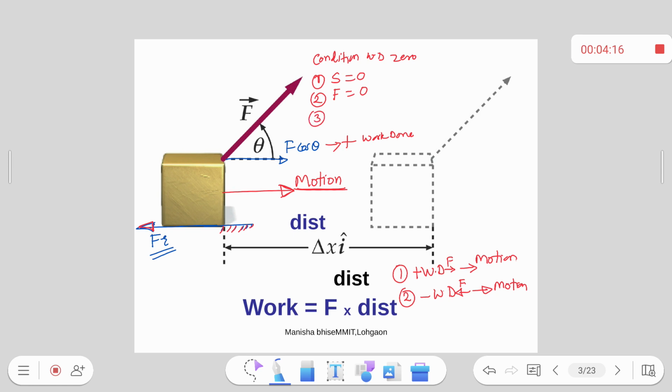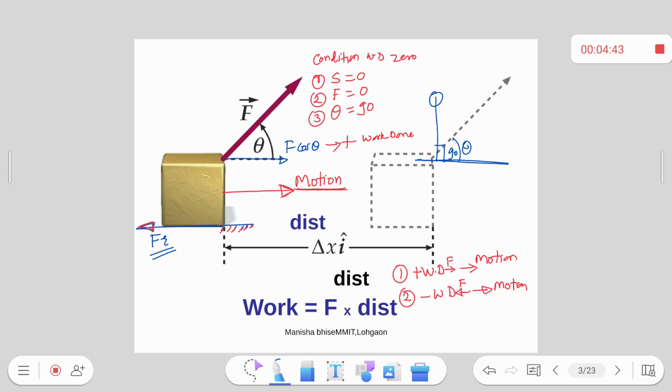And if theta is 90 degrees, then work done is zero. This is the surface, the horizontal plane, and if the force makes 90 degrees with the horizontal or the path of motion, then the work done by this force is zero. So these are the conditions where work done becomes zero.